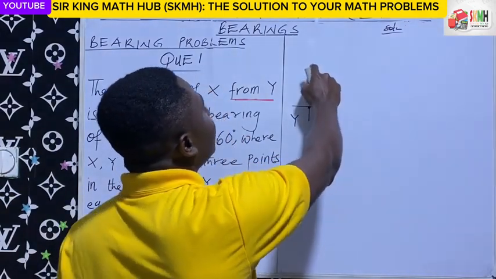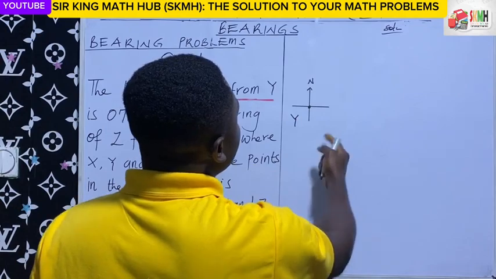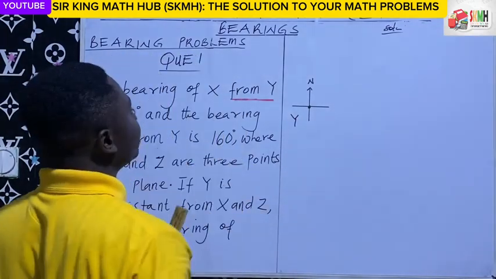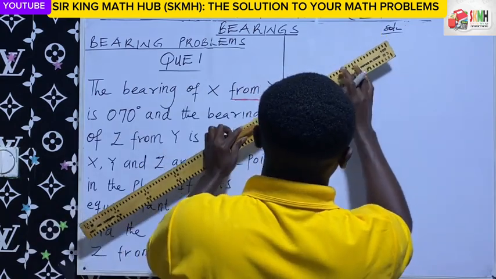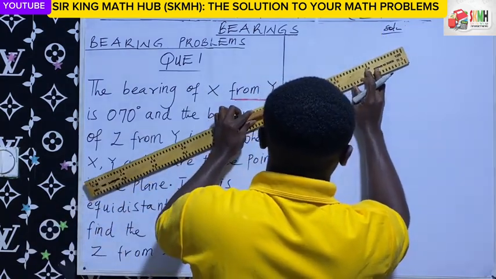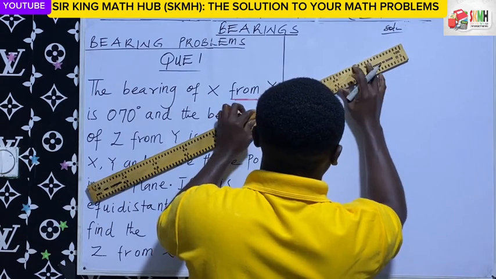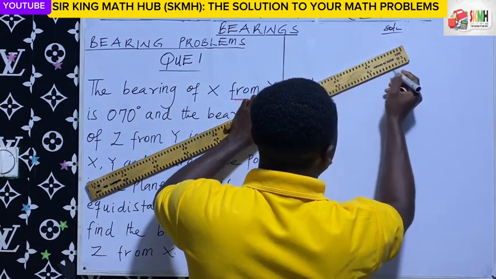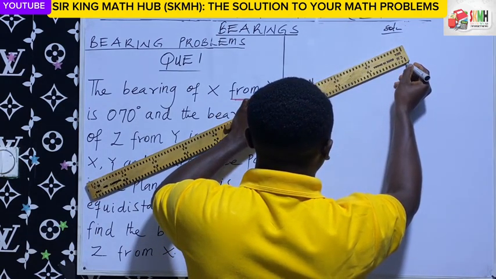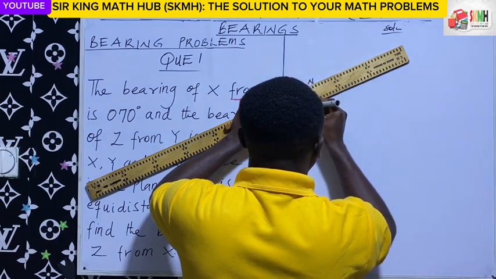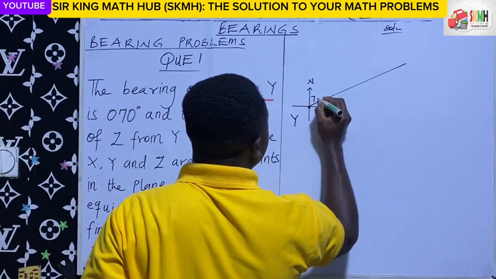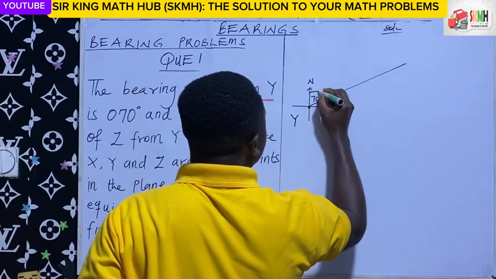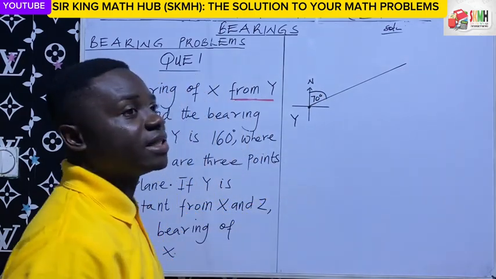So starting from the geographical north, moving in the clockwise direction, we have to measure 70 degrees, meaning that the angle here measures 70 degrees.